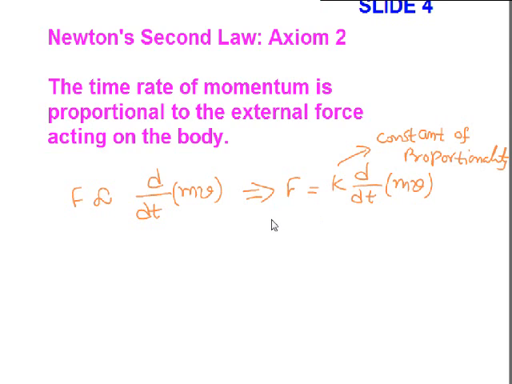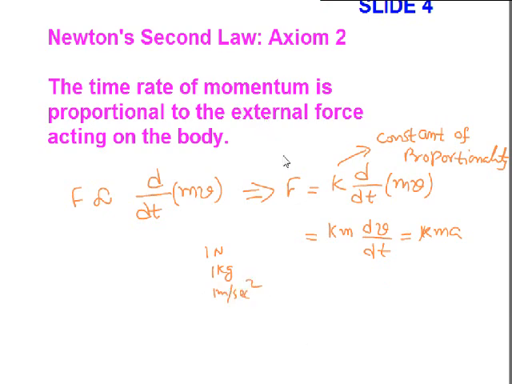Now for a system with constant mass, you can take m out and write k m times dv over dt, which is k m a. For a system with constant mass, F is equal to k m a. In SI units, 1 Newton of force acting on 1 kilogram of mass produces 1 meter per second square of acceleration.